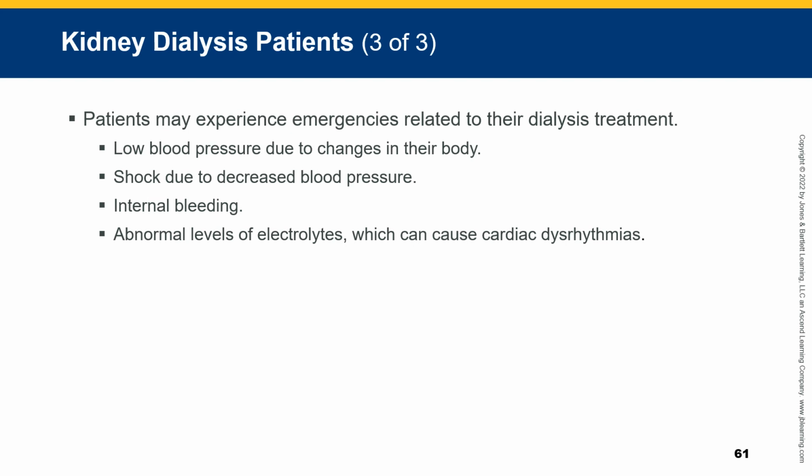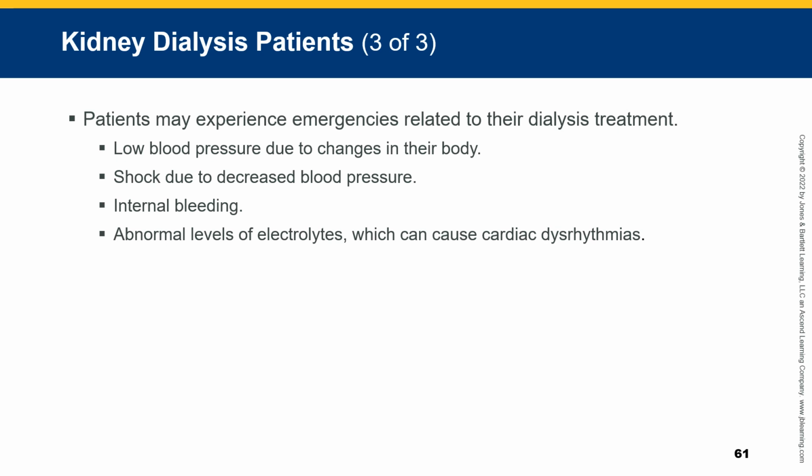Patients who are being treated by dialysis may experience medical emergencies related to their dialysis treatment. The patient may experience a drop in blood pressure or BP because of the changes in their body from going through dialysis treatment. This decrease in BP can produce shock.